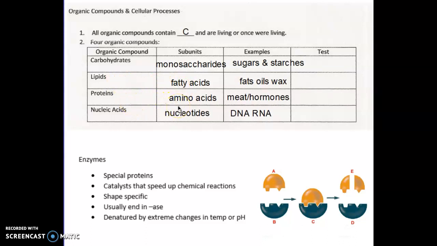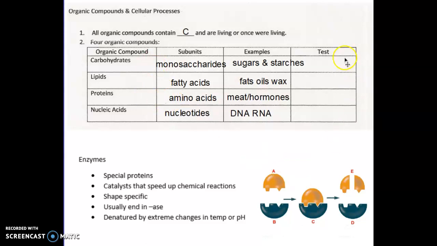Proteins are amino acids, and we've done that a lot when we did our DNA unit. And then nucleic acids, its subunit is a nucleotide. The word nucleo is in there for nucleic, so this should be easy to match. Then you've got amino acids and proteins by default.